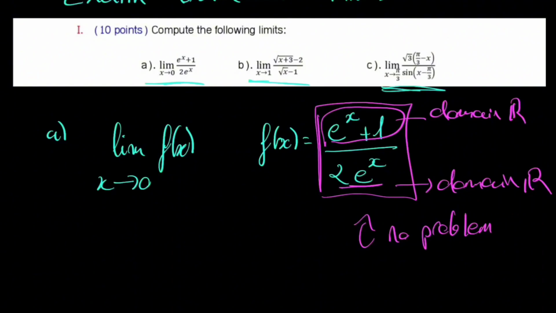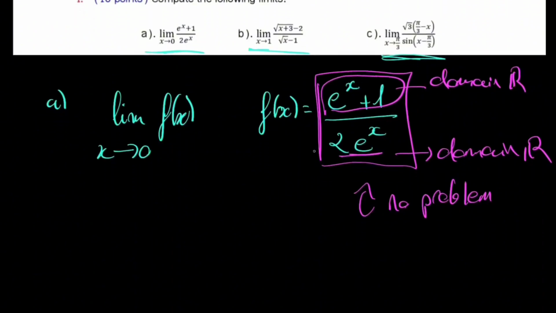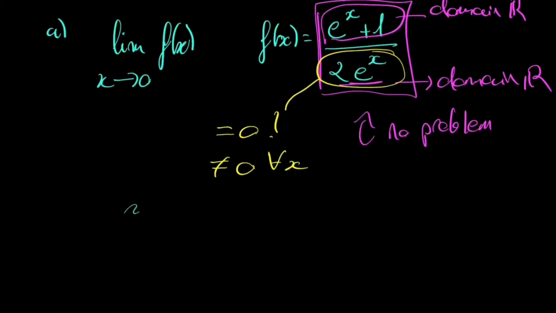And what would have been our problem? It would have been if what's under the division sign would have been equal to 0. But it's never equal to 0 for all x. So we have no problem.